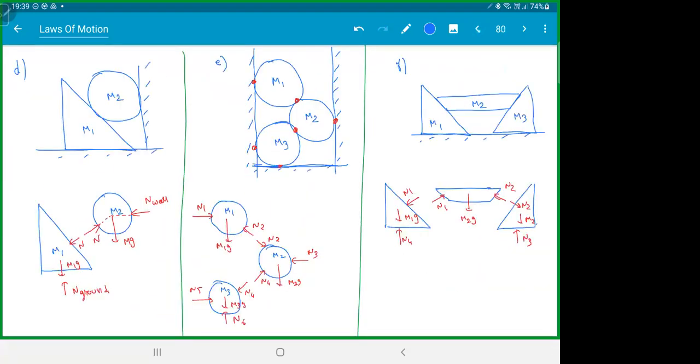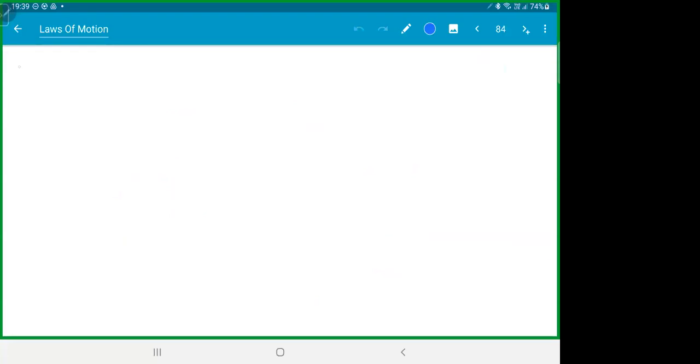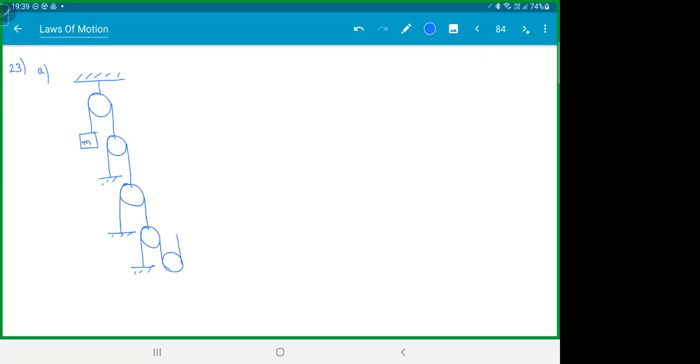Let's see our problem. 22. Find M by m if the system is in equilibrium.